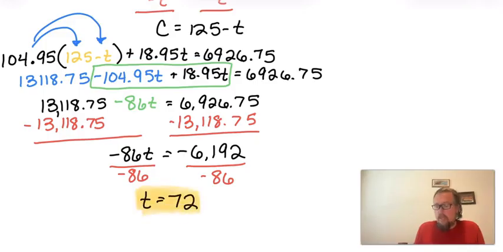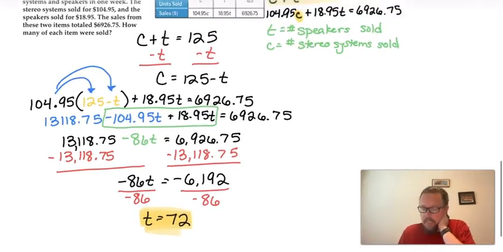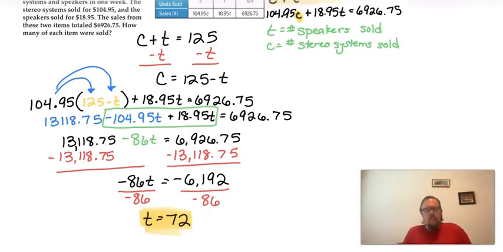So that was a lot of work with some nasty numbers, but now we know what T is. T is the number of speakers sold. Now we need to find the number of stereo systems sold. This is going to be much easier for us to find because we have an equation already set up to tell us the value of C. It's 125 minus T, and we know that T is 72.